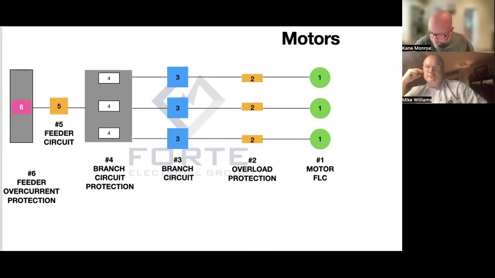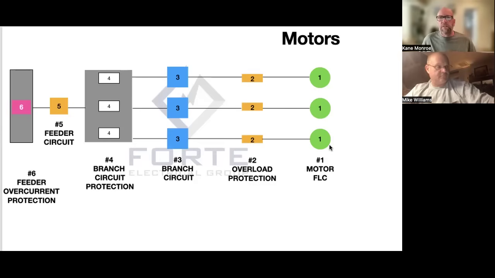And let me get mine out so we can get exactly. So for step number 1, which is your FLC, we know where that's at. You've got your tables back there, correct?